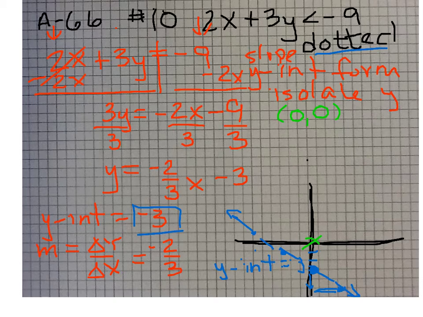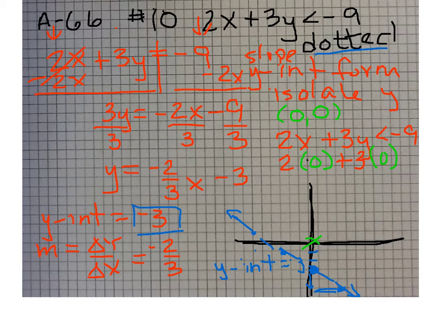So let's plug it into that original inequality, which said 2x plus 3y is less than negative 9. So I plug in my 0, 0. Well, x is equal to 0, and then I have plus 3, and y is also 0.